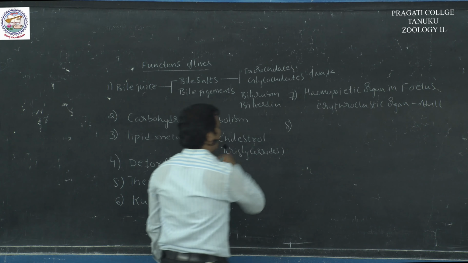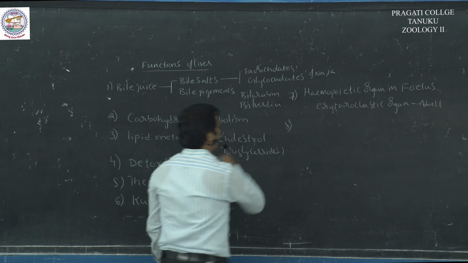Let us learn about the intestinal glands. It includes Brunner's glands and crypts of Lieberkühn. The Brunner's glands are located in the mucosa of the duodenum part, and they produce mucus.